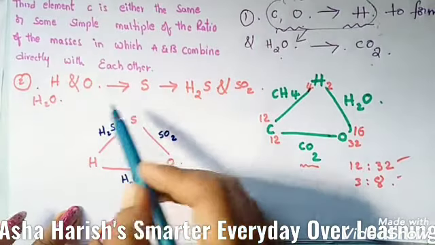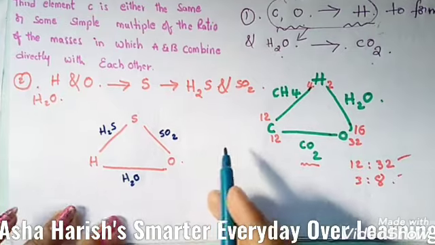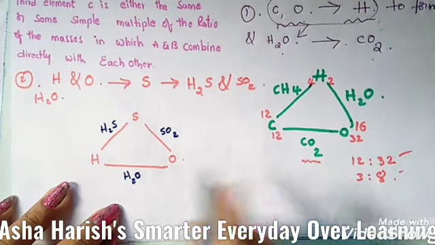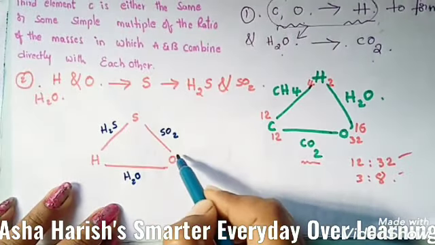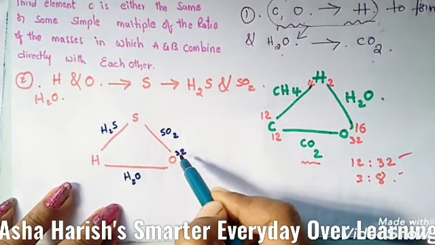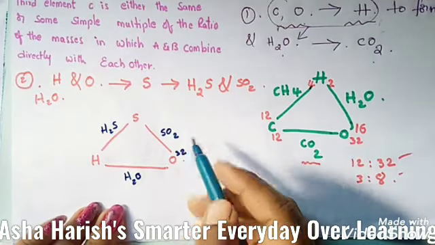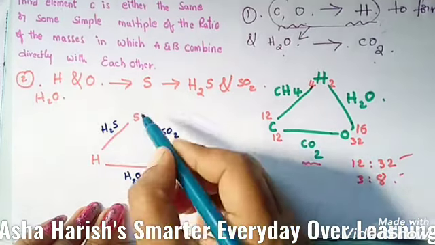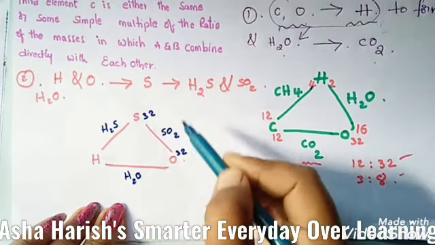As I am showing in this diagram, the masses of hydrogen and oxygen which combine with the fixed mass of sulfur, that is 32 parts. Here is the sulfur, so here 32 parts, and here also 32.